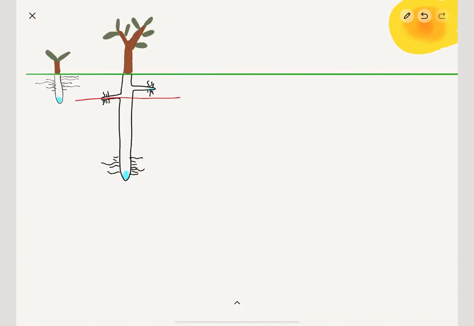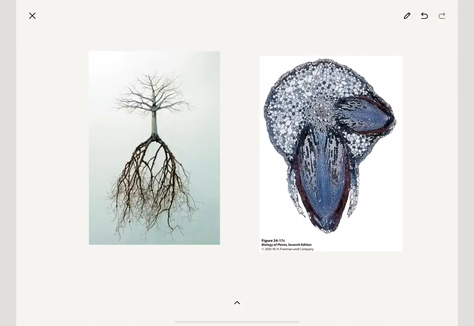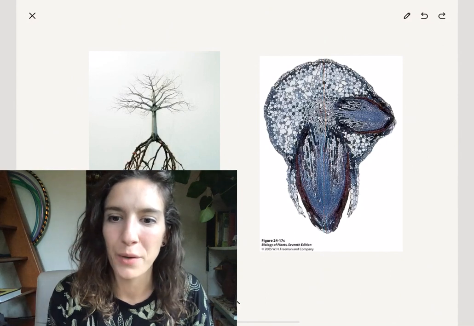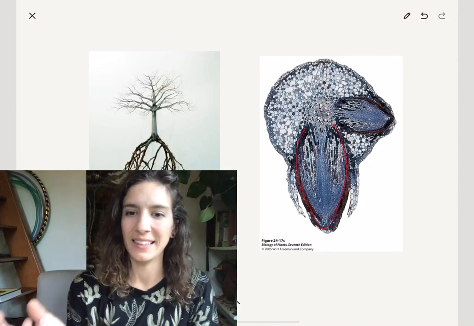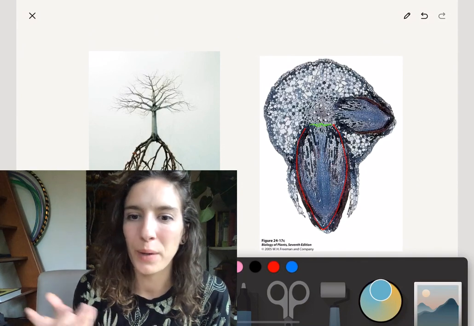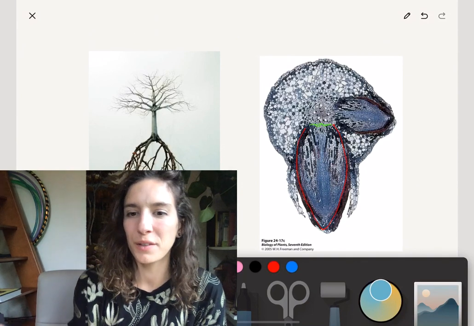Take a closer look at a cross section through a lateral root. So when we look at a lateral root, a young lateral root, it looks exactly like the very original primary root that we were first looking at. And that's because it literally is.